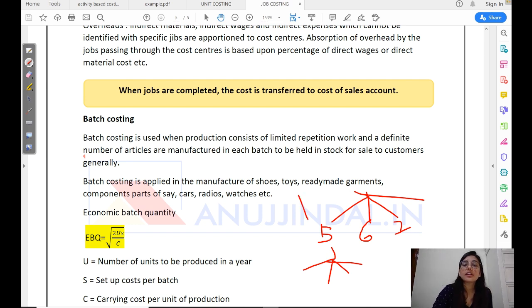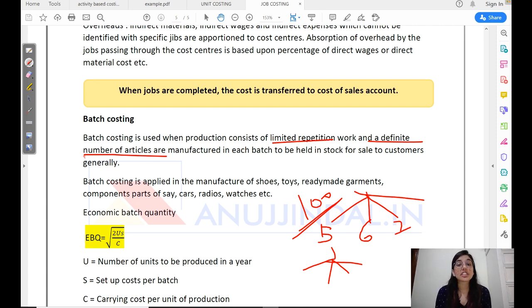So if we need, let's say, 100 shoes of size 5, then this 100 would be one batch of size 5 shoes, right? So under batch costing, we do limited repetition work, and there is a definite number of articles which are to be manufactured in each batch.